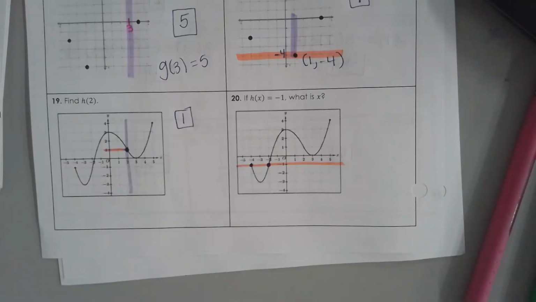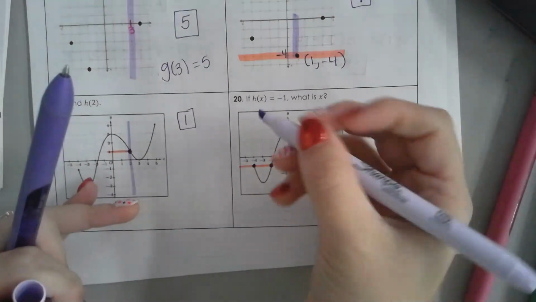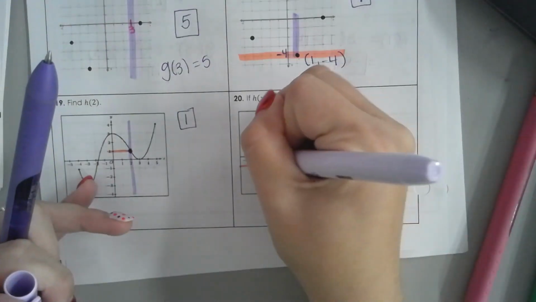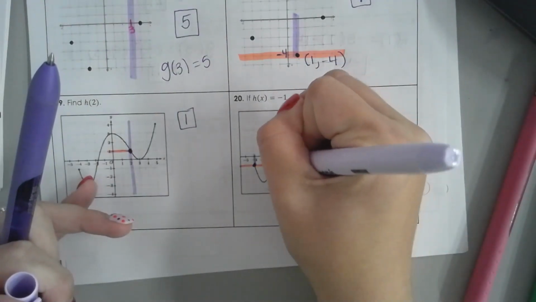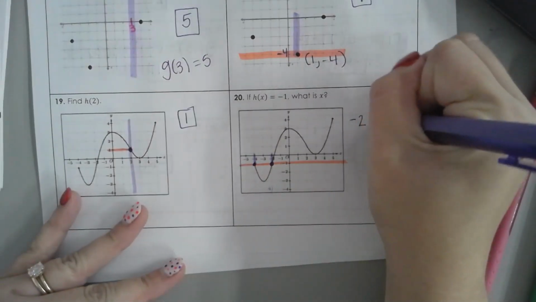You can have 2. So there's actually 2 points that have a y value of negative 1. What are they? Negative 2 and negative 4.